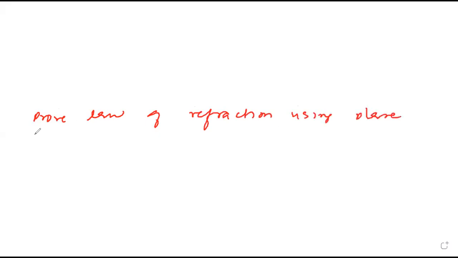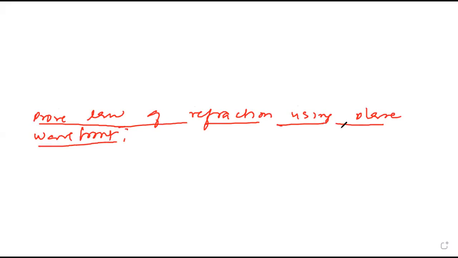Next, prove law of refraction using plane wavefront. If you can prove sine of angle of incidence upon sine of angle of refraction is constant, then we say we have proved the law of refraction.